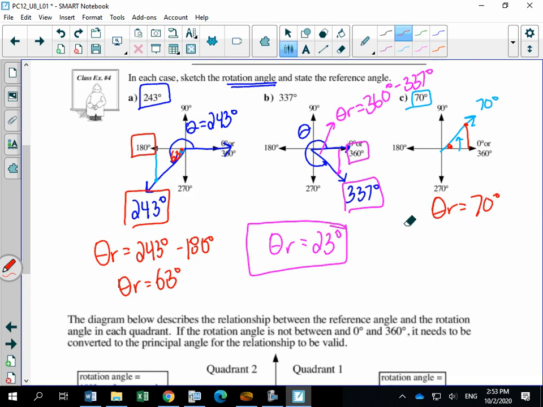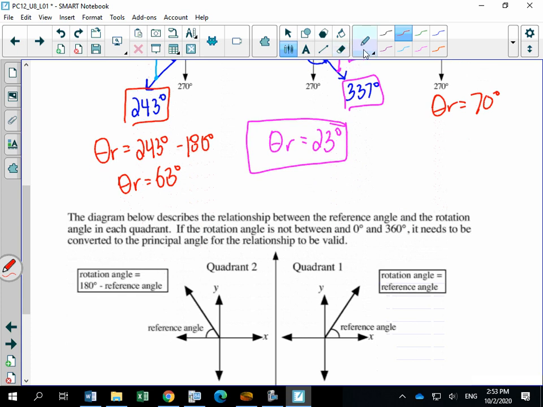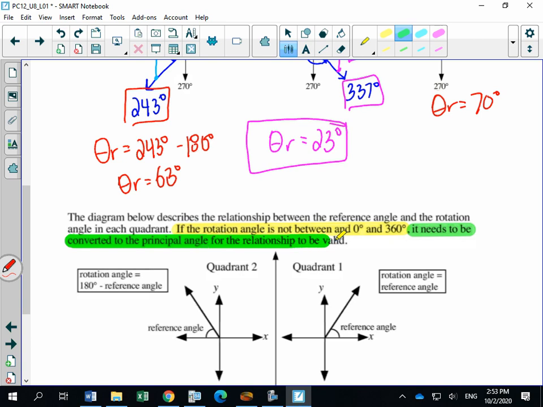The only thing that I want you to make note of here and highlight, and we'll see this on one of the examples, is that if the rotation angle is not between 0 and 360, we need to convert it back to that principal angle in order for the relationship to be valid. So we'll see that with class example 5C, that if we're outside of 0 and 360 degrees, we need to figure out what the principal angle would be, and then we can calculate the reference angle.